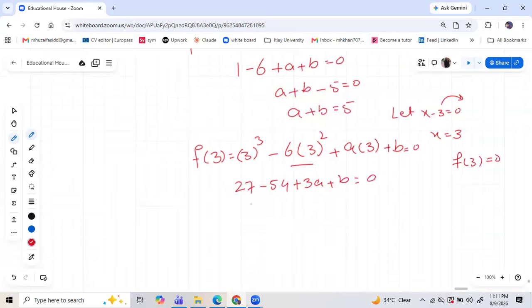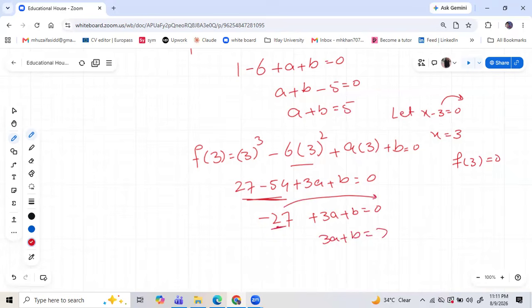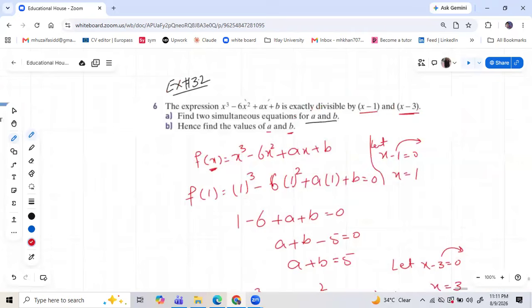This gives us minus 27 plus 3a plus b is equal to 0. So 3a plus b is equal to 27, moving minus 27 to the other side. Look at it here, our first target is completed.